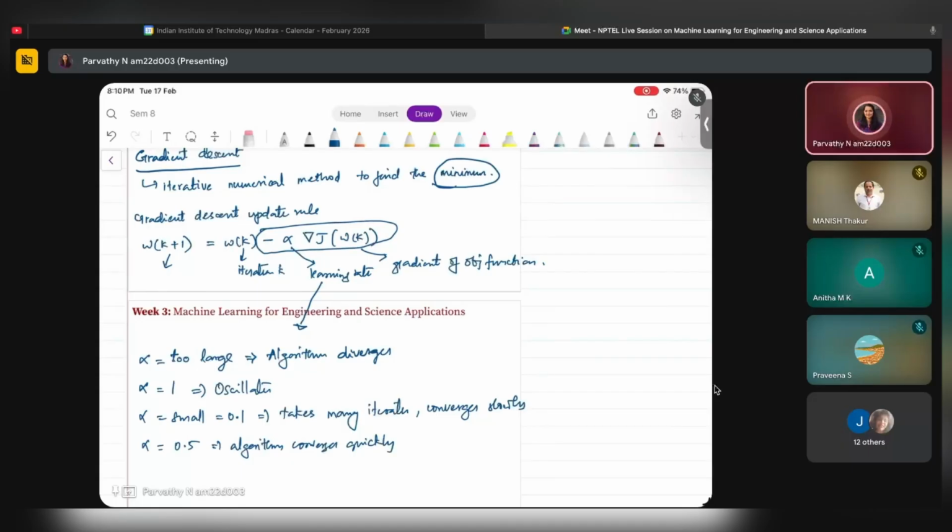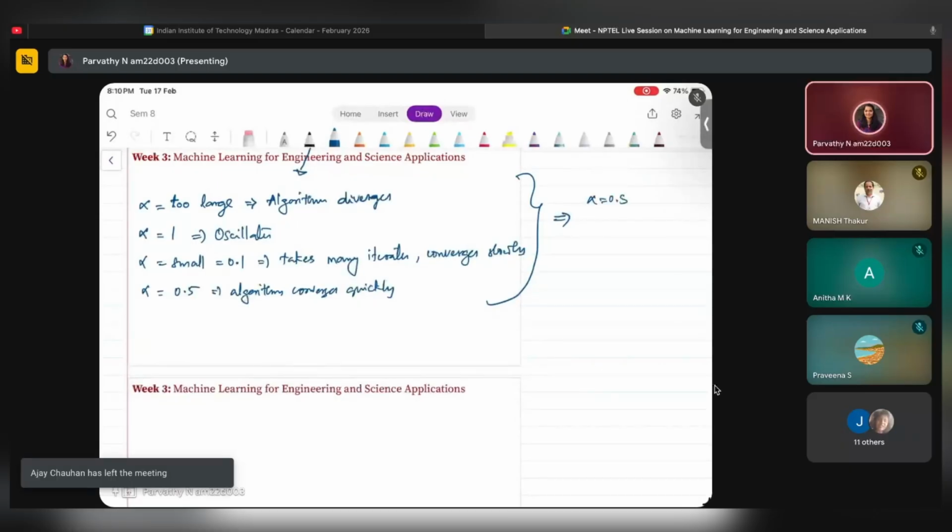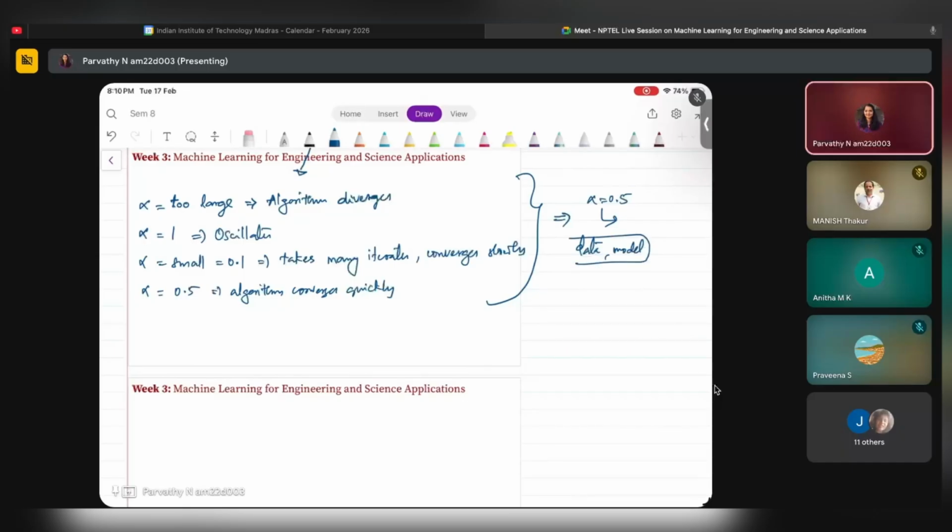But in general, this is not a fixed rule. It's not the case that if you use alpha equal to 0.5, your algorithm will always converge quickly. It depends a lot on your data and your model, and many things. So this alpha is something that you can play with. Here comes the hyperparameter definition.